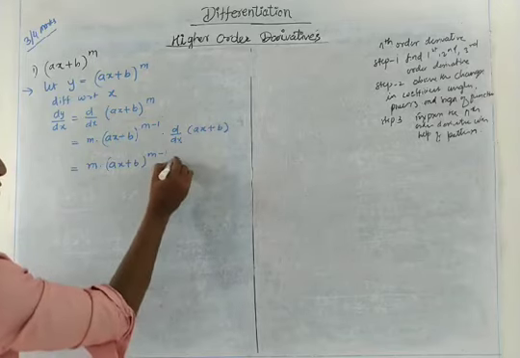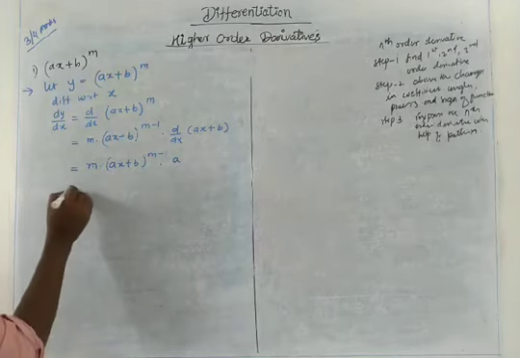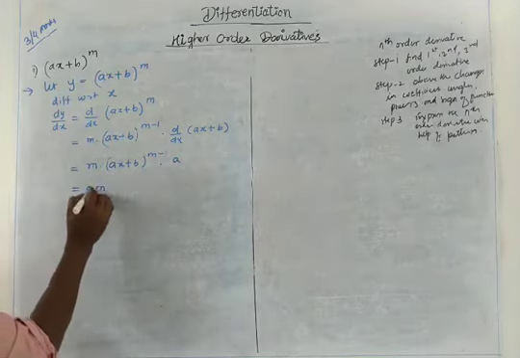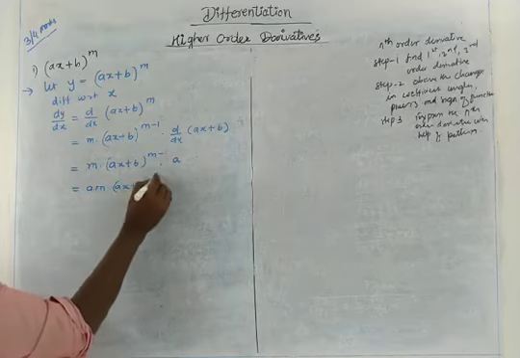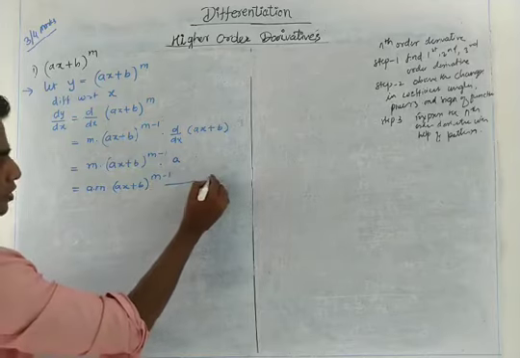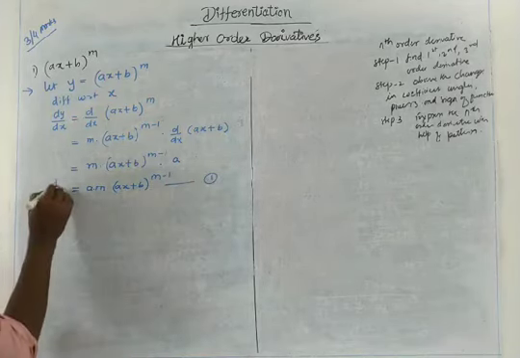So here we will get a plus 0, that is a. So finally we got a into m (ax + b) raised to m minus 1, equation number 1, dy/dx.